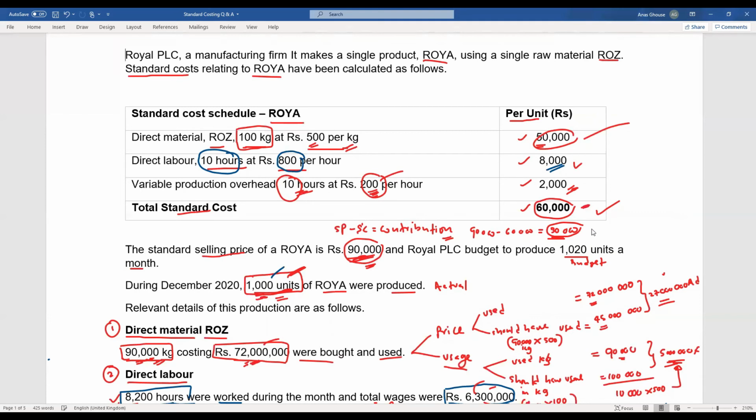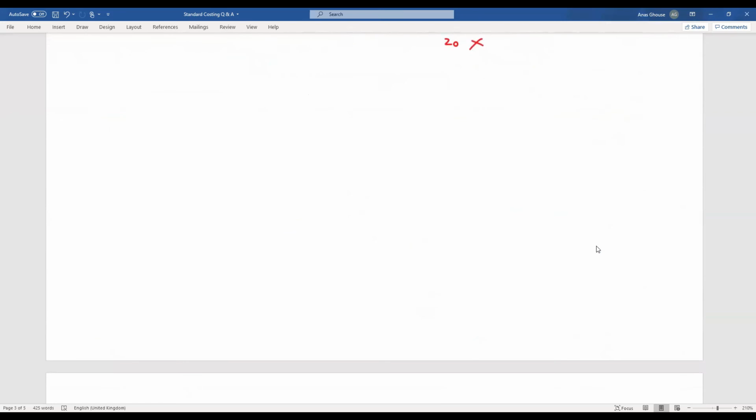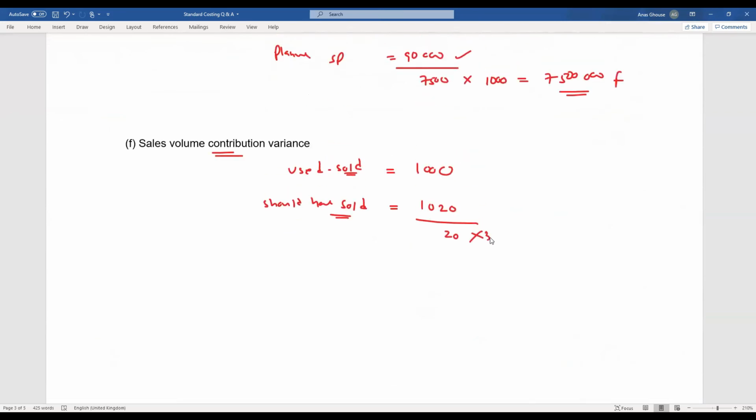So that difference times 30,000 will be our volume contribution variance, which is 600,000. That is an adverse variance because we were planning to sell 1,020 but we sold 1,000. So our sales volume contribution variance is 600,000 adverse.